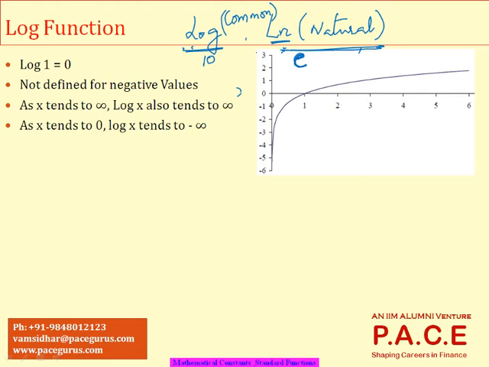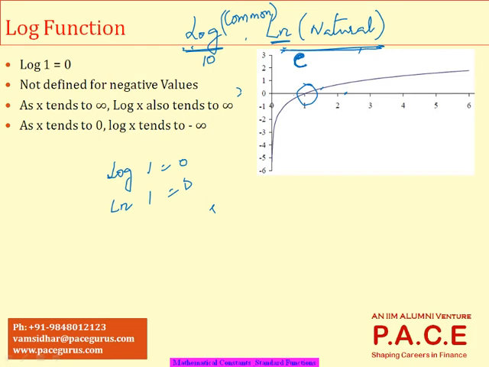Log 1, whether it is log 1 or ln 1, both of them will be equal to 0, which means at the point 1, the graph will cut the x-axis.